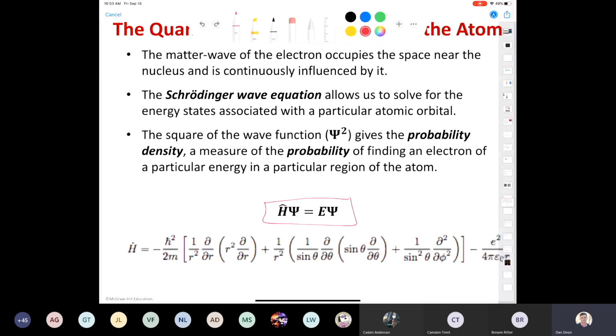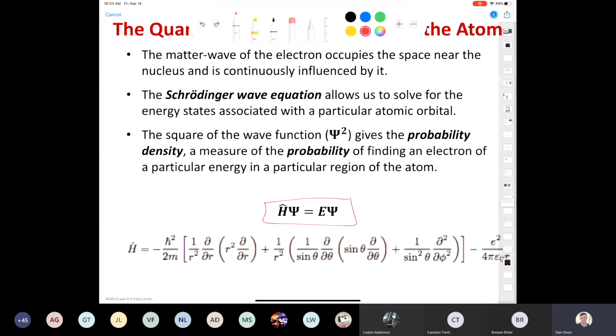Once you get to helium, it didn't work at all. It was horrible. And once you get to lithium, it's no good at all. It's pretty much useless. And so Schrödinger allowed us to solve for the energy states of any electron in any atom. Now, it's not perfect, but it's a pretty darn good approximation.